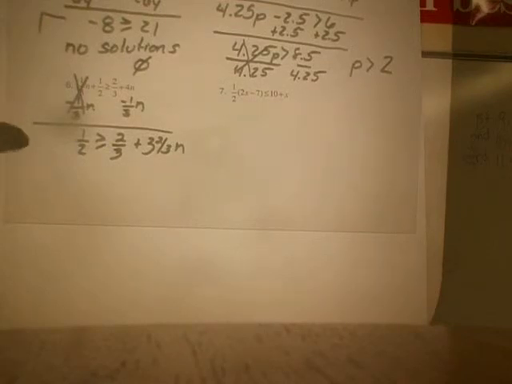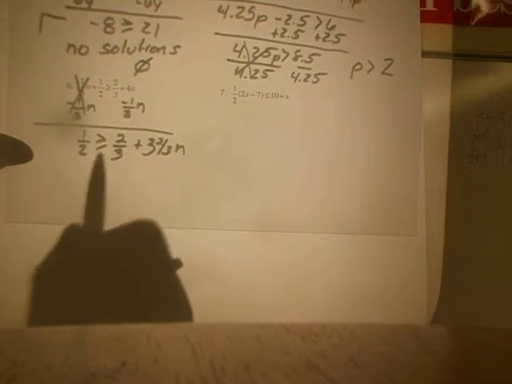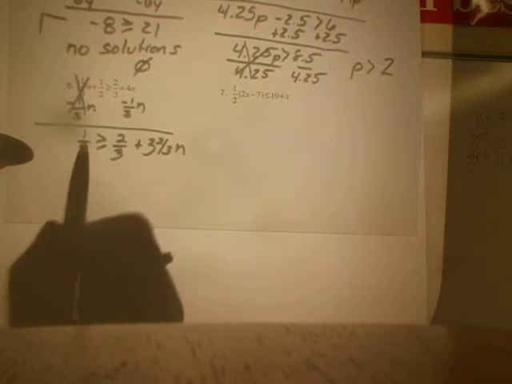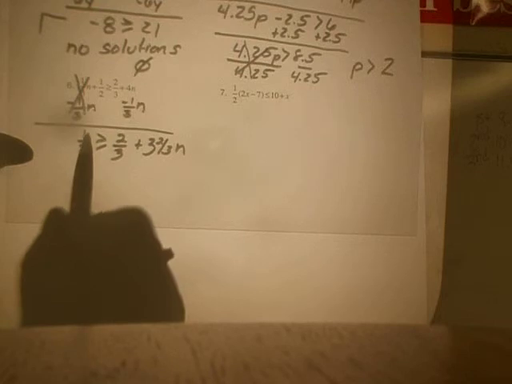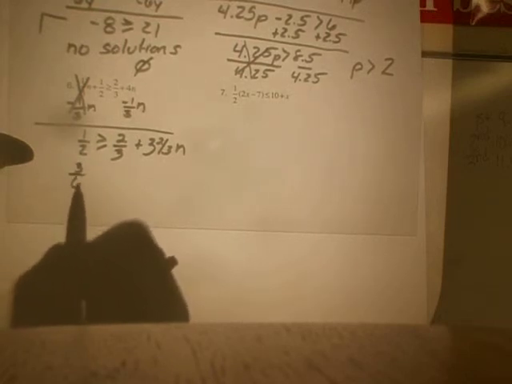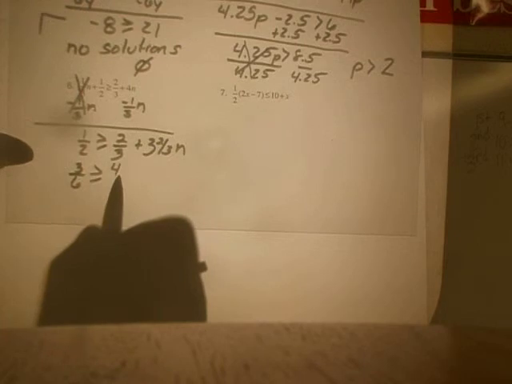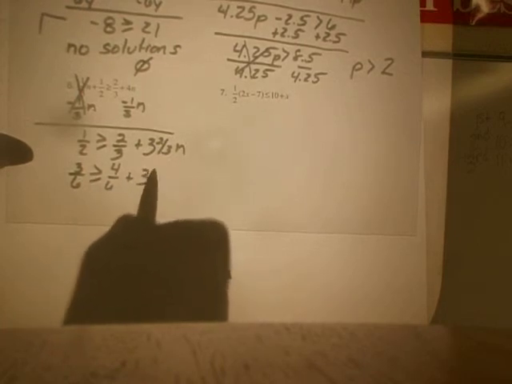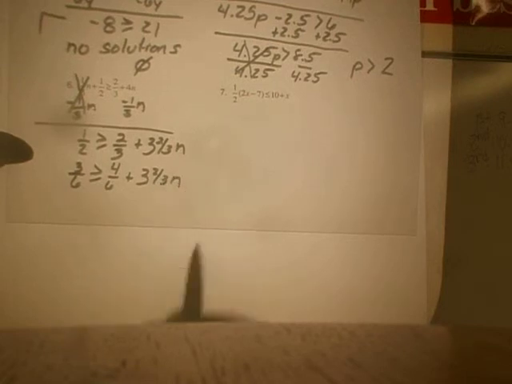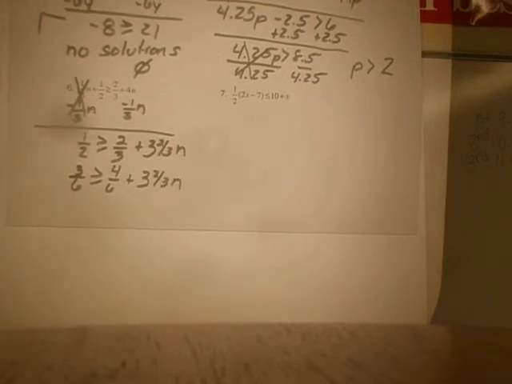And now I'm going to change these. I'm going to make them have the same denominator. 1/2, if I multiply both of those by 3, we will have 3/6. And over here, if I multiply these both by 2, we will have 4/6. And I did that so that I can now add those two things.